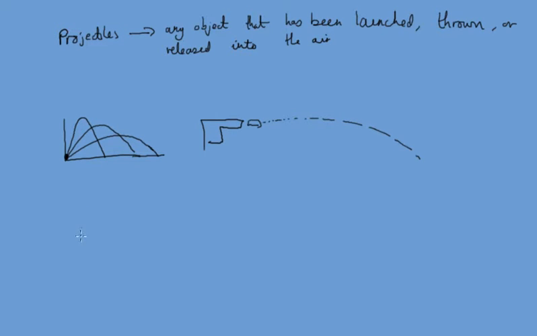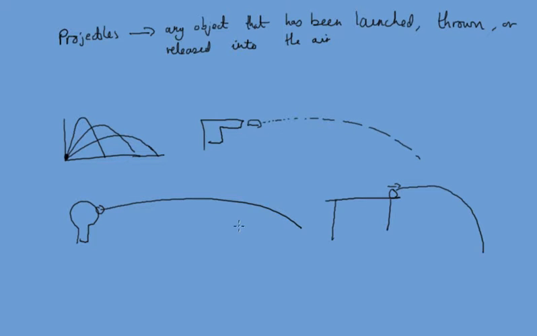Or if you think of a tennis racket hitting a ball, the ball is going to go like that until it lands on the ground. We can also think of a table and a ball, and if we roll the ball off the table, it'll go like that.